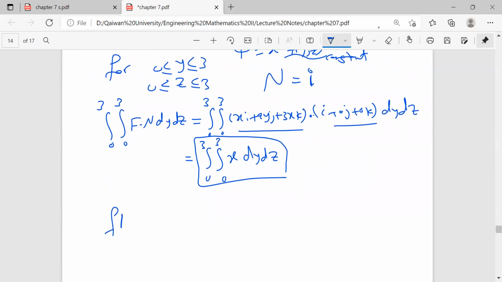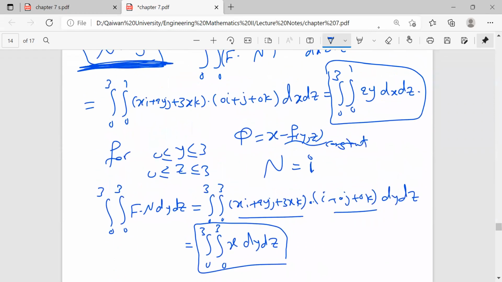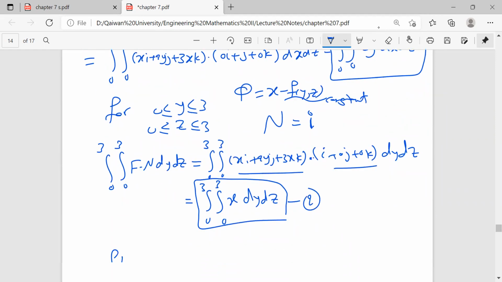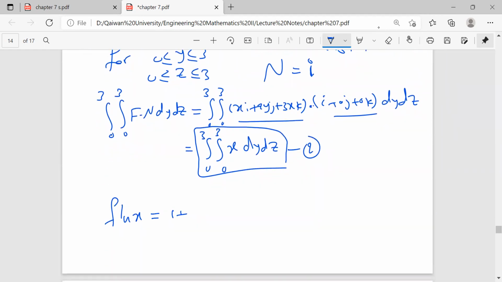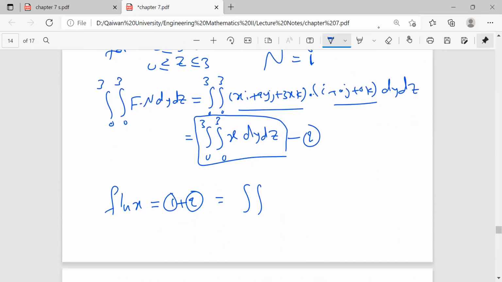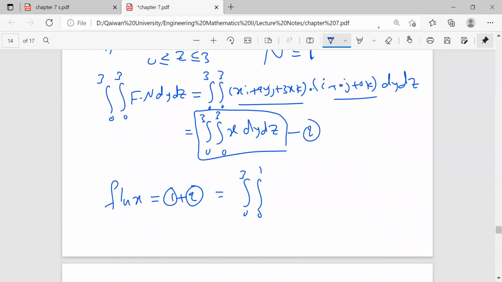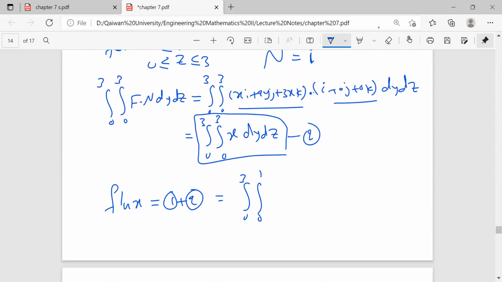So the flux is 1 plus 2. We find the sum of both cases. This equals the double integration from 0 to 1, 0 to 3 for 2y dx dz plus the double integration from 0 to 3, 0 to 3 of x dy dz.